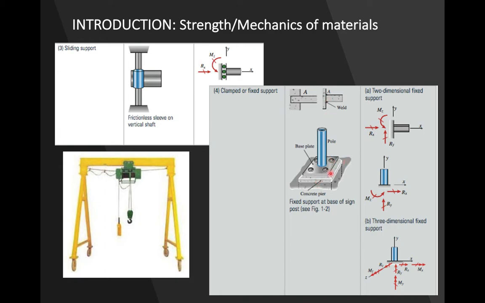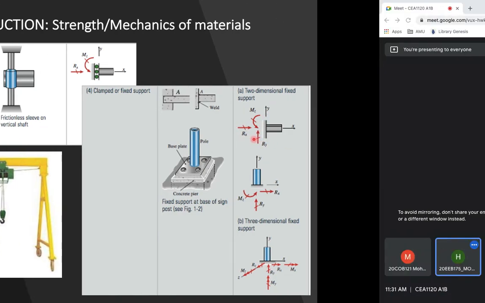One end of the pole is free and one end is fixed into the ground, so it won't rotate and it won't translate. So how many reactions will it produce at the support? It will give you two translation reactions and one moment reaction.